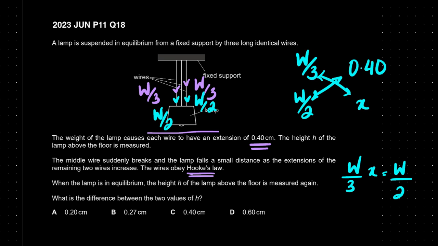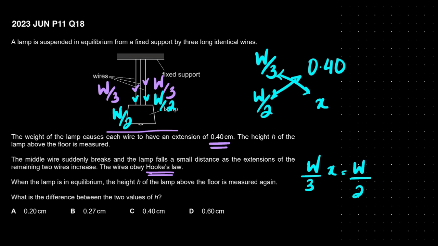Obviously the W's cancel out. So x becomes 3 by 2 times 0.4, right? So 3 by 2 is 1.5. So the new extension is 0.6. So each wire extends by 0.6 now.